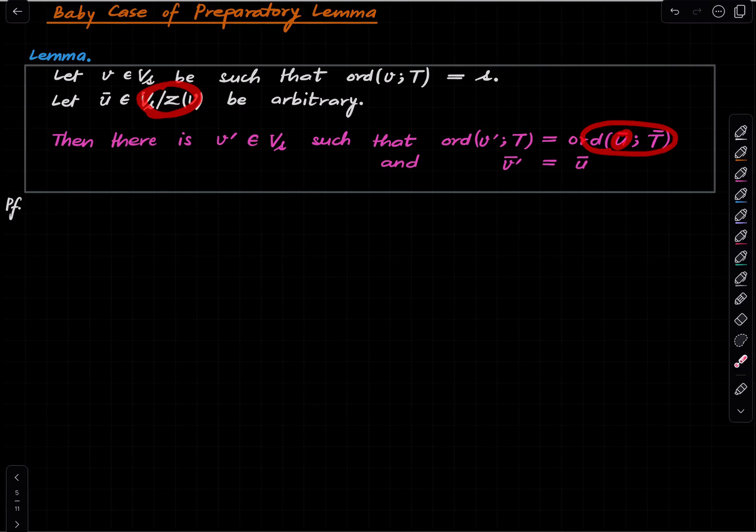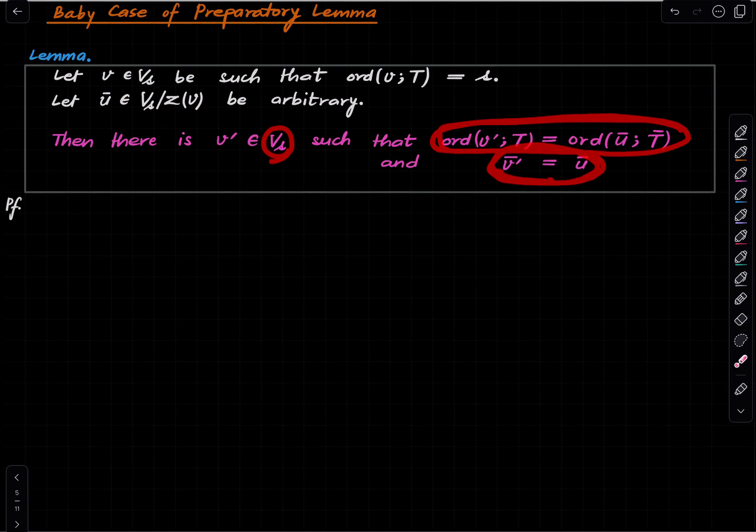So T bar is an endomorphism on this guy, so you can talk about the order of this guy, and we are saying that you can pick V prime in the space of generalized polyeigenvectors such that the orders of U bar and V prime bar are equal, and after you go modulo, V prime bar and U bar are also equal.